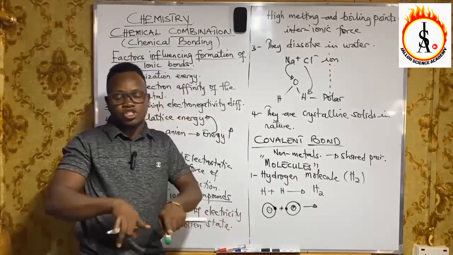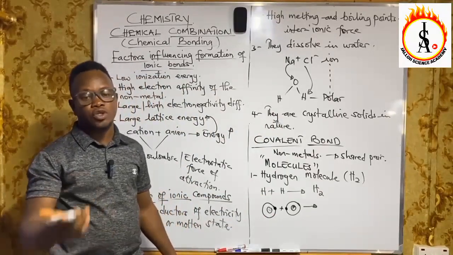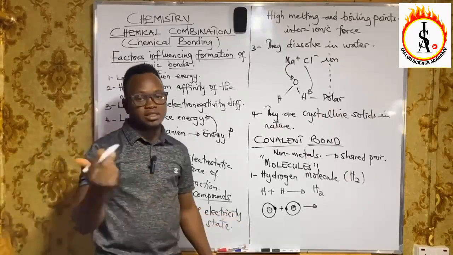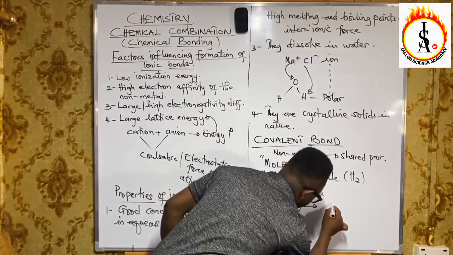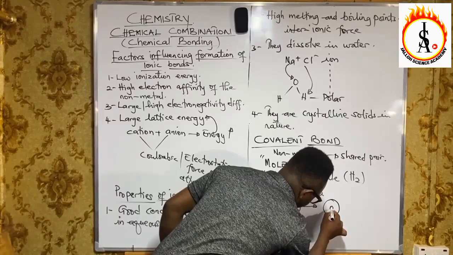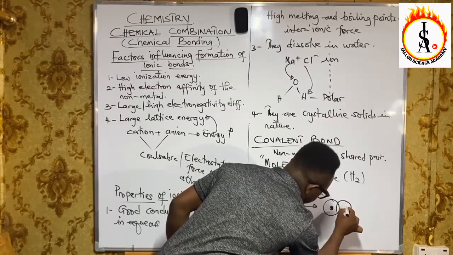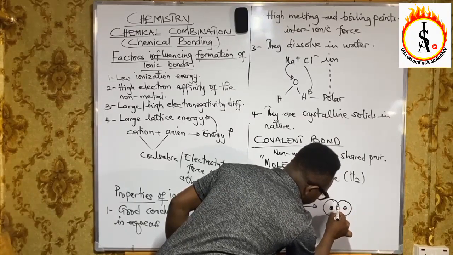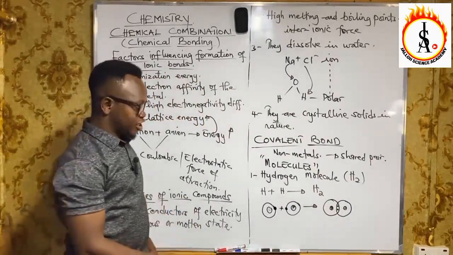These electrons are going to be shared mutually because each of them wants to attain the configuration of a noble gas, and that is helium, getting a maximum of 2 electrons, completing the duplet structure. So each species contributes an electron to a shared pair.